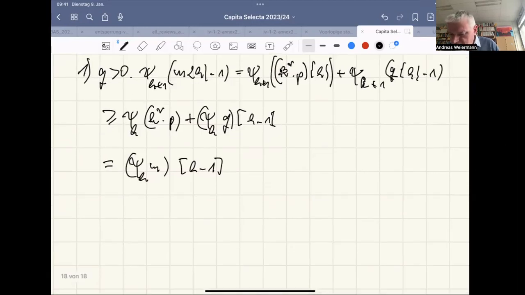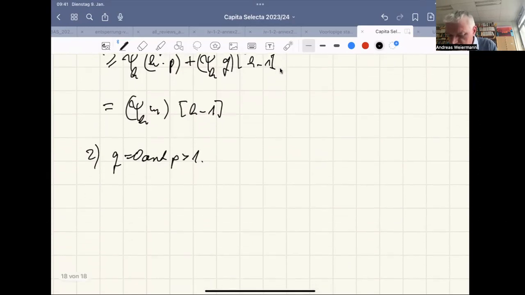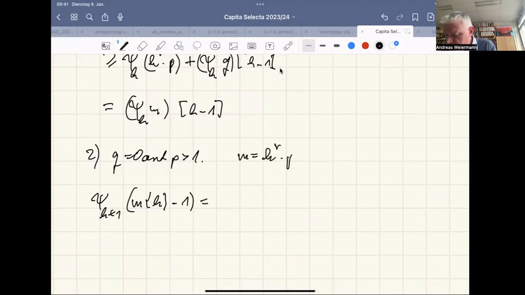Now, the next case is q is equal to 0, and p is bigger than 1. Now, what is psi_{k+1} of m_k minus 1? Well, we have here q equal to 0, so m is k to the r times p, which is k to the r times (p minus 1) plus k to the r.